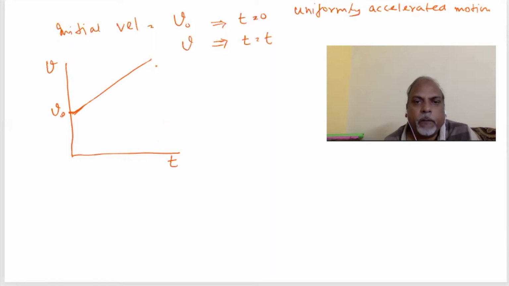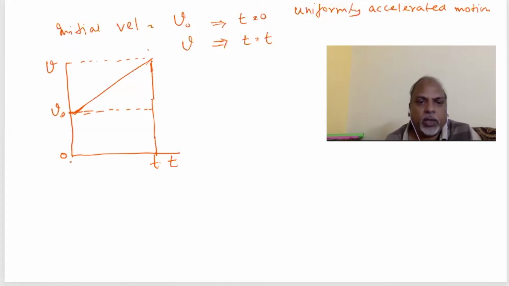Correct? And this is the time t. Here the velocity is v, and this is the origin.